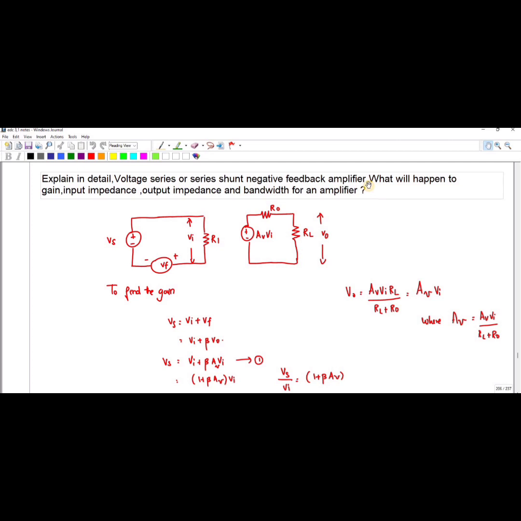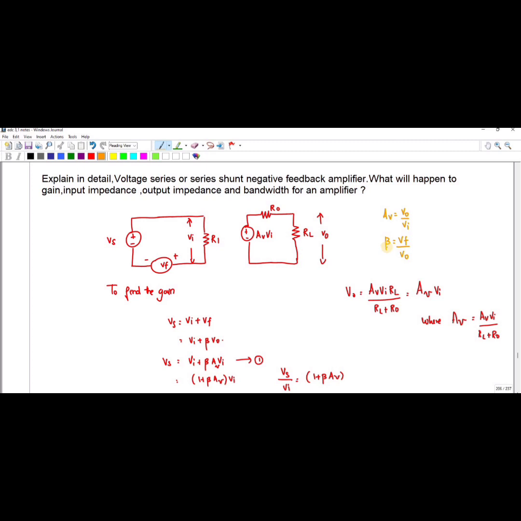Since it is series mixing, on the input side you have a voltage and on the output side also you have a voltage. So I can write Av = V0/Vi. Likewise, I can write beta = Vf/V0, where Av is the voltage gain and beta is the feedback factor.